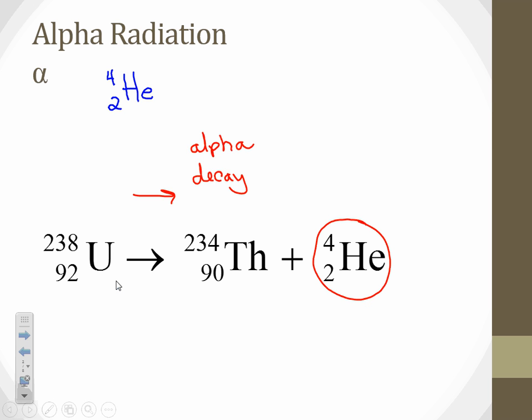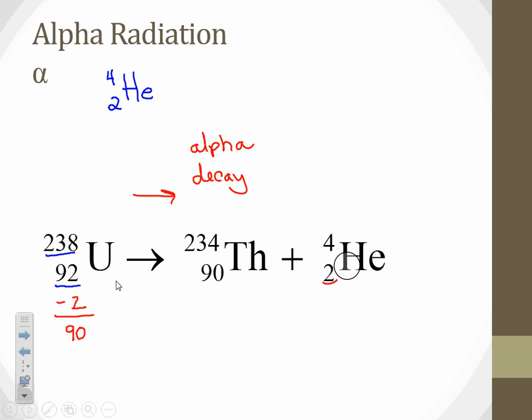Notice that you start with uranium-238, and it decays with one alpha particle. The other particle is determined by taking away the 2 from the helium, and we know that it has to be thorium because thorium is atomic number 90.